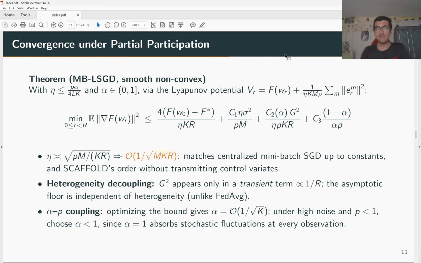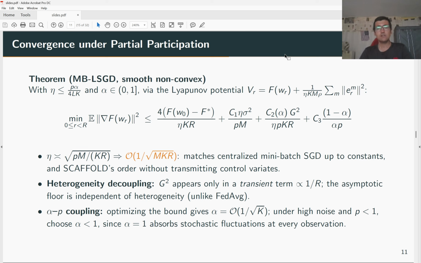First, the standardized step size choice. The rate is order 1 over the square root of mKR, which matches centralized mini-batch SGD up to constants, and it matches Scaffold's order without transmitting any control variates.